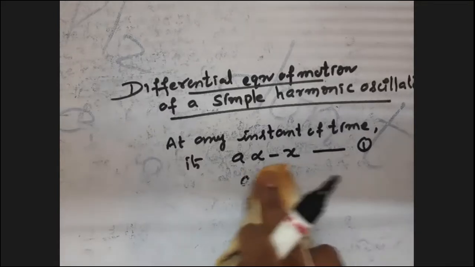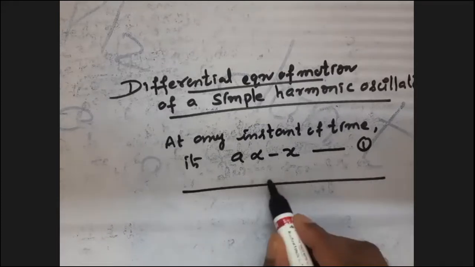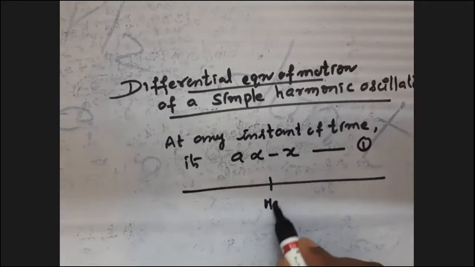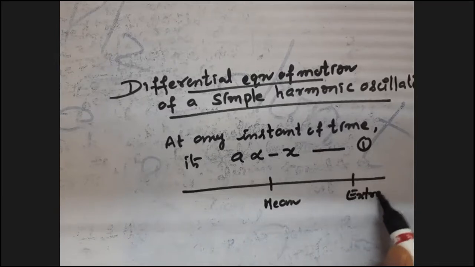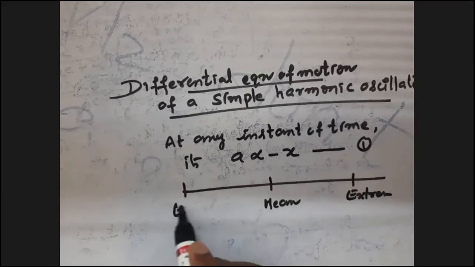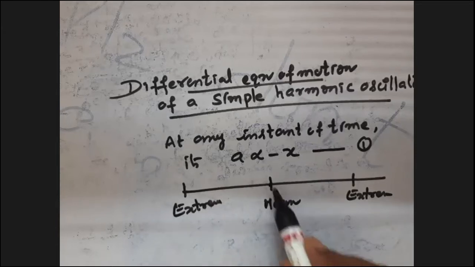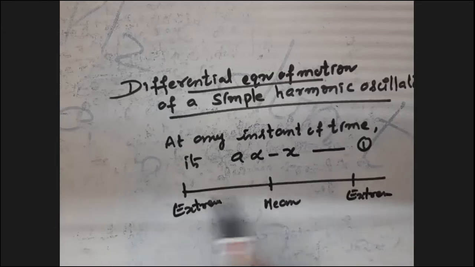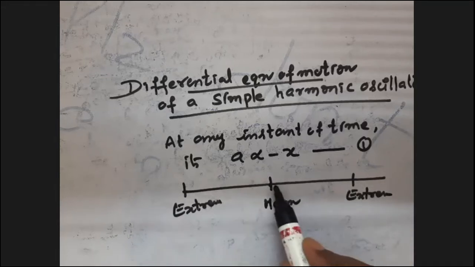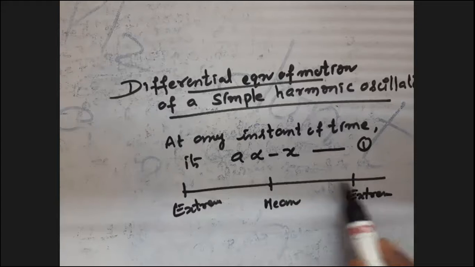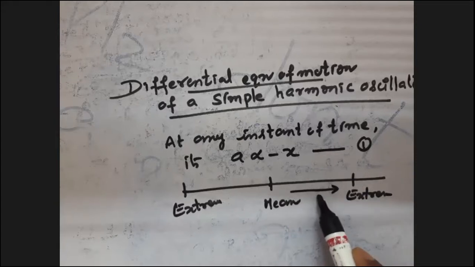So when the particle is in simple harmonic motion, I will show this. Say this is a fixed point, the mean position. This is an extreme position, and this is another extreme position. The particle is vibrating on both sides of this mean position. When the particle moves from the mean to the right extreme position, the displacement direction is towards the right, the x direction.